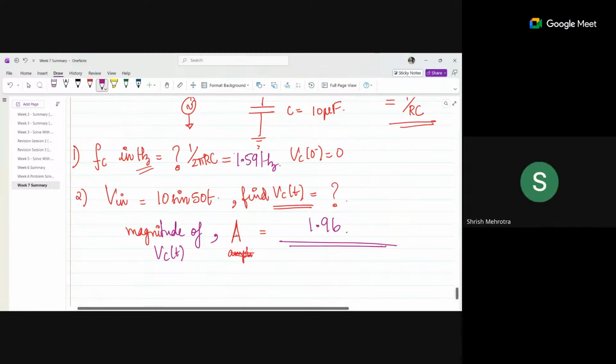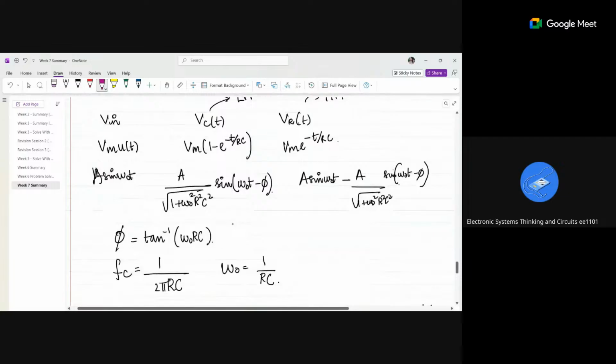If we calculate the complete expression, it is sine of omega naught t minus phi. With this magnitude, we also have to calculate the sine function? If you want to find VC of t, you can just find the phi value, and your answer will be like this one we have already found.